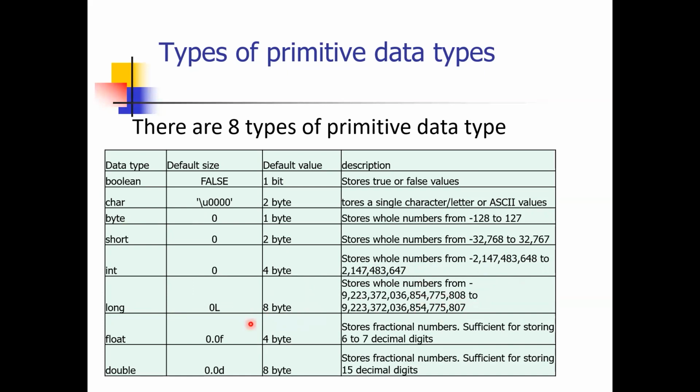Float is a decimal number. For float, it will take fractional numbers with 6 to 7 decimal digits, meaning after the point, it will take 6 to 7 digits.